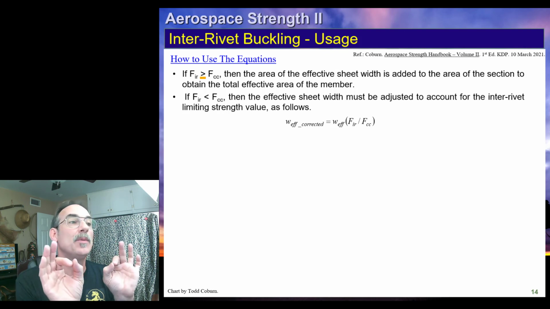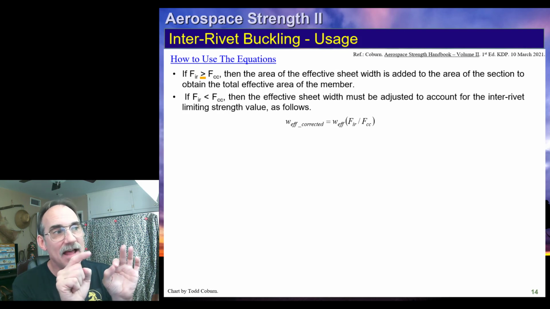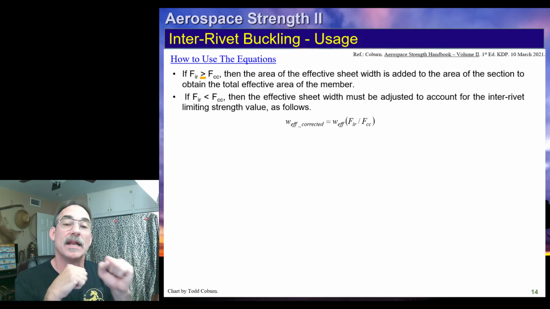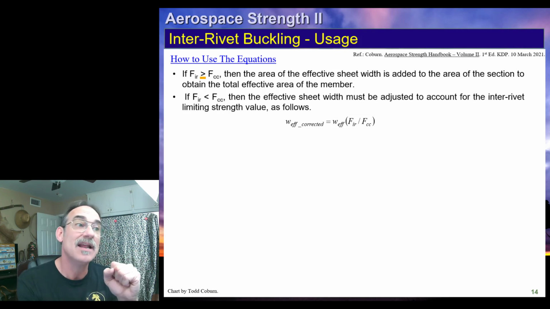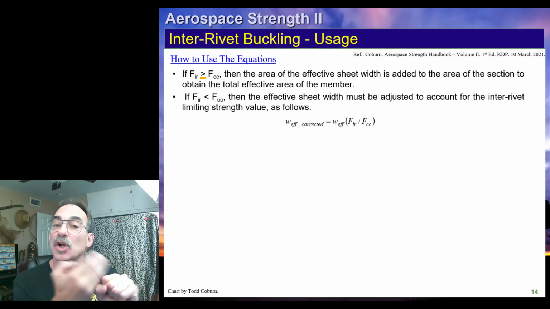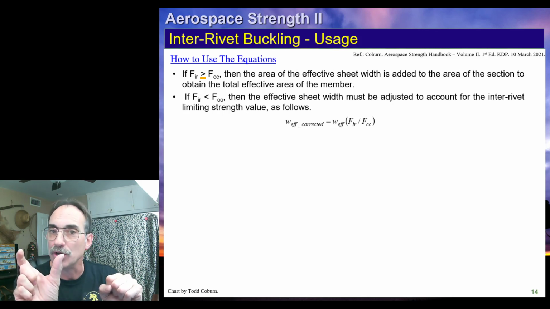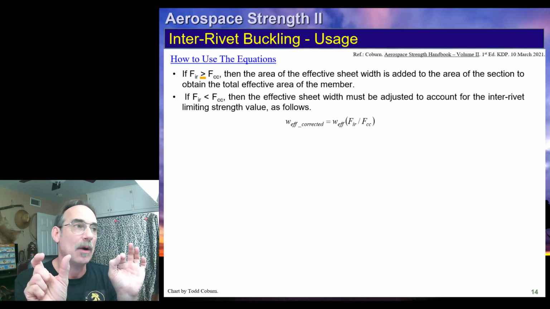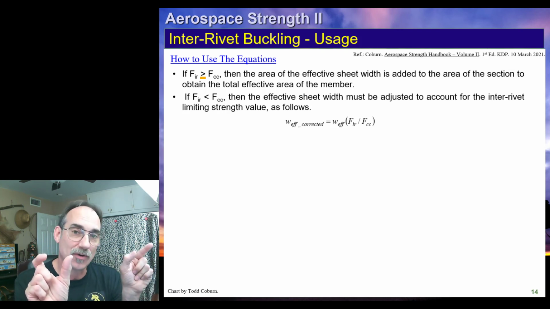For this reason, we will use a modified value. Here I'm calling it W effective corrected. We're going to take the W effective that we calculated and multiply it by the ratio of the inter-rivet buckling allowable divided by the crippling allowable of the stringer. And that will give us a corrected value. That will have the effect of reducing our effective width to the value that will sustain all the way up to the crippling allowable of the stringer.